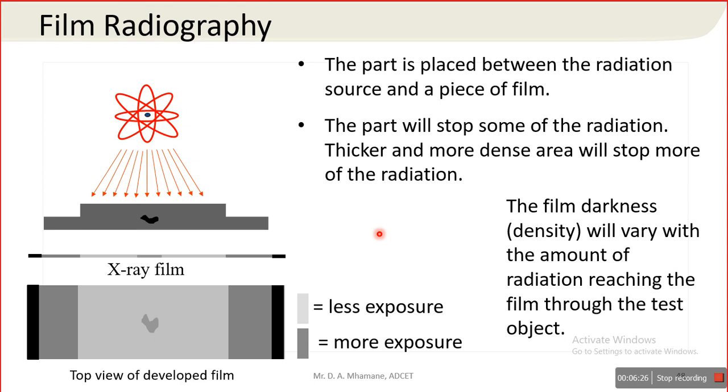It is very simple. But after that, the main role is played by the inspector. The density difference, or the darkness and fairness of that film, needs to be interpreted very carefully after this procedure.